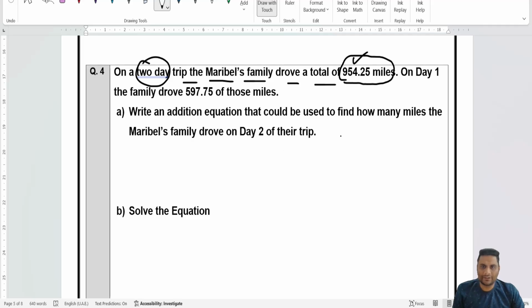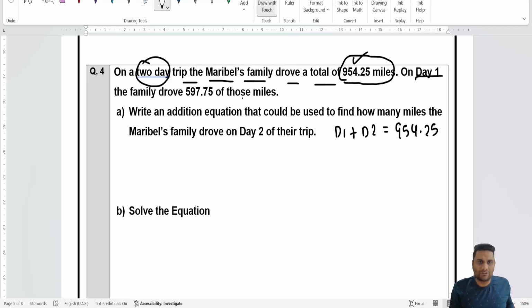So I can say that day 1 plus day 2, the total distance they traveled was 954.25. Correct? Now, on day 1, the family drove 597.75. So 597.75 plus day 2, which I don't know, will be equal to 954.25. Correct? So this is my equation.